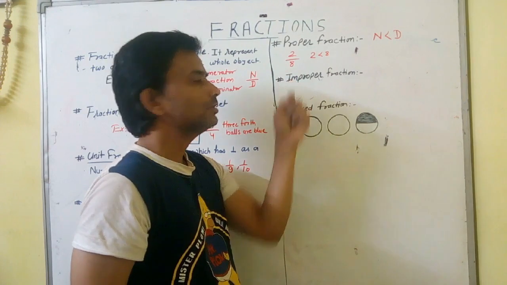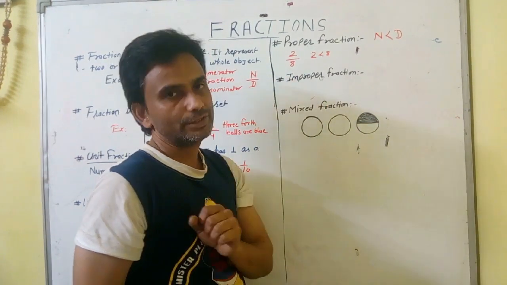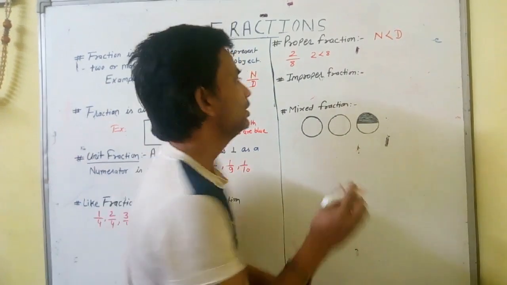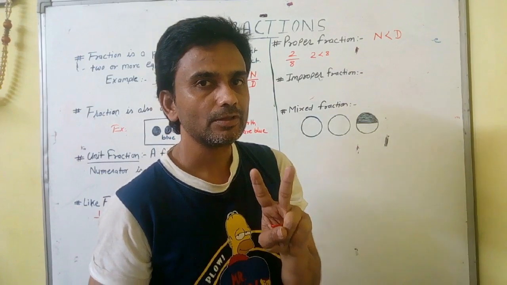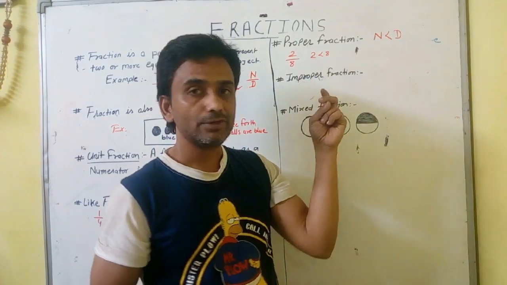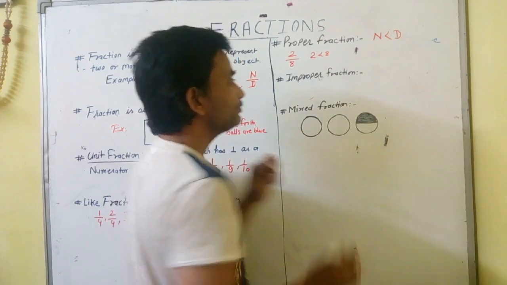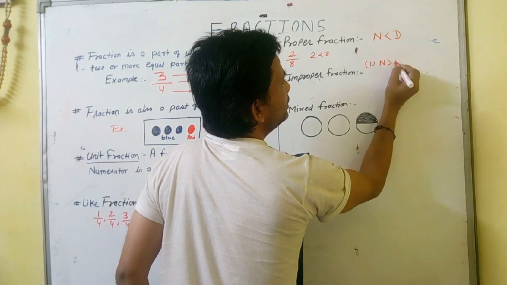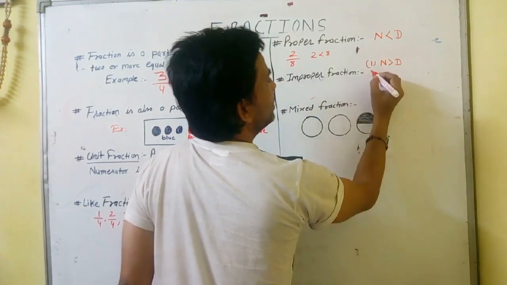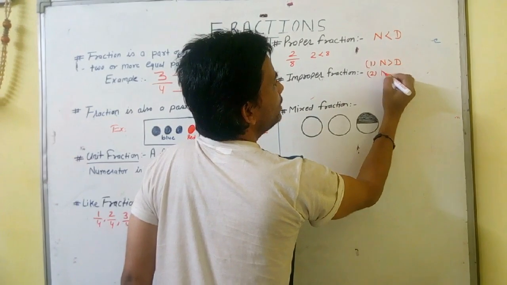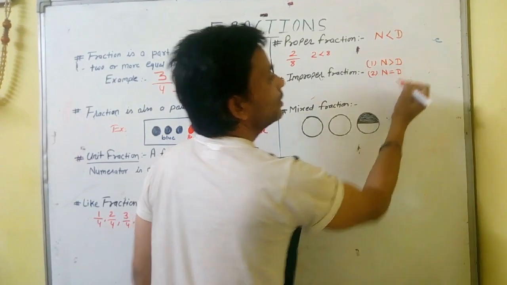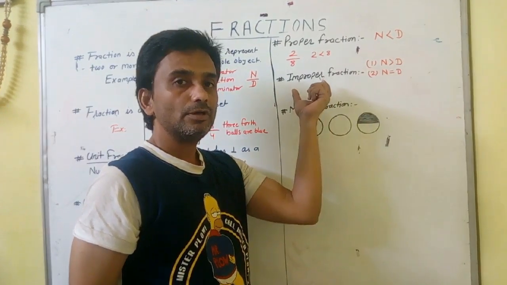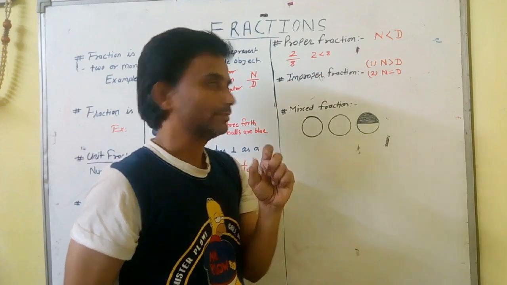Okay. Now the next point, improper fraction. An improper fraction is the reciprocal of a proper fraction. Here for the improper fraction, there are two conditions. First condition is the numerator is greater than the denominator. Second condition is the numerator is equal to the denominator. So these two conditions apply for an improper fraction.